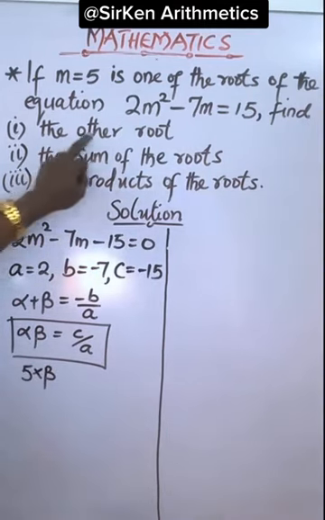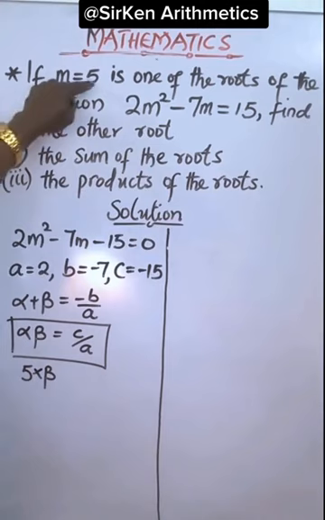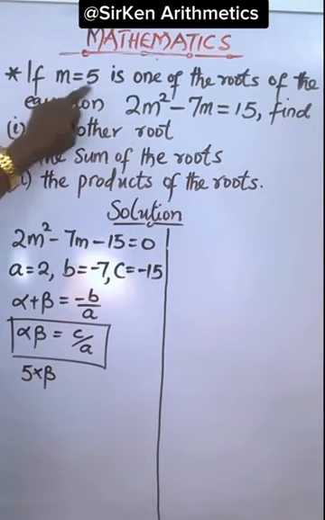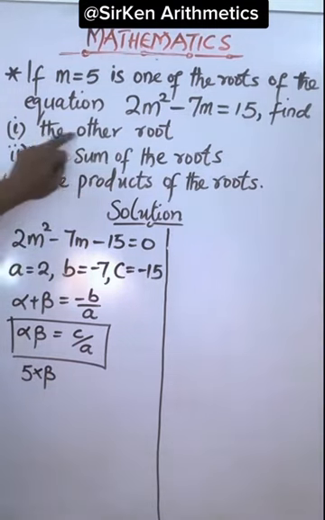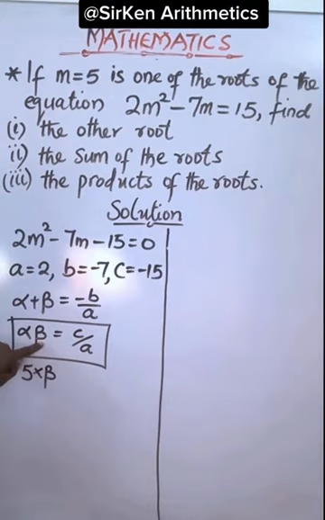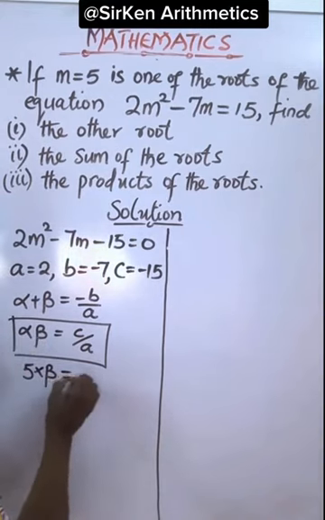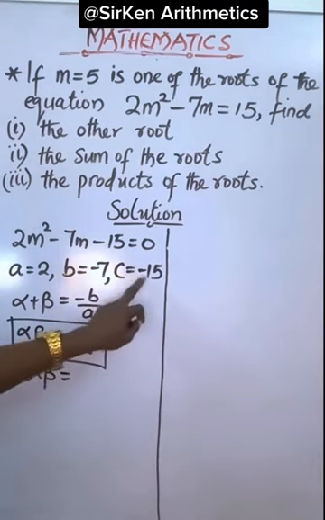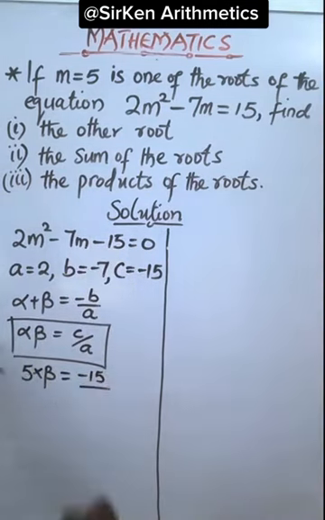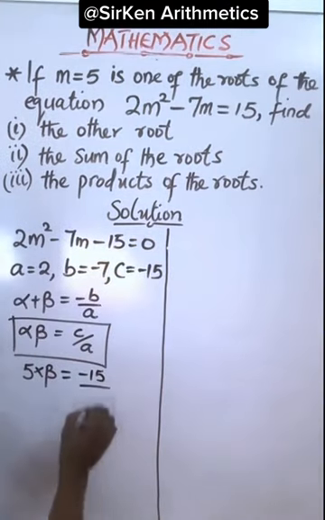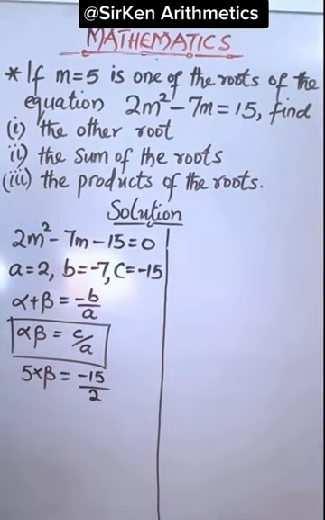Remember they said find the other root. The first root is given. They gave me m as 5, but I want to use alpha as 5. Then the other root, I want to call it beta, equals c over a. We got c here as minus 15, and a is 2. You understand?